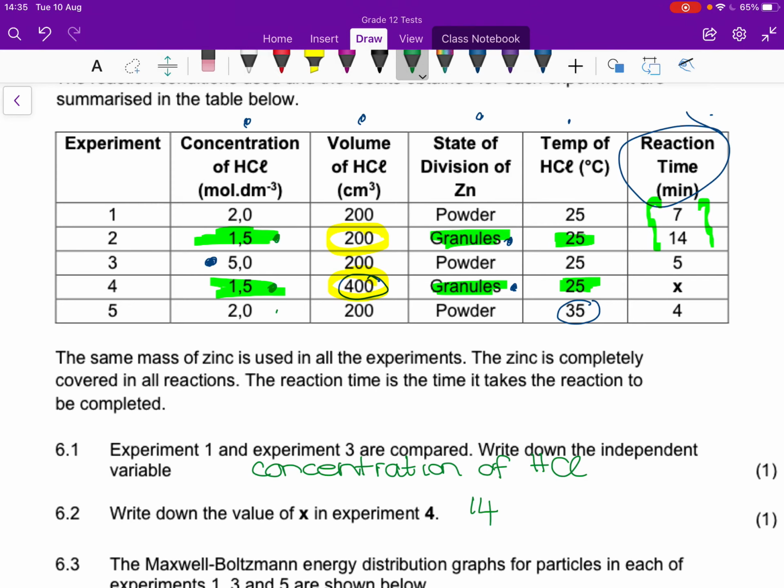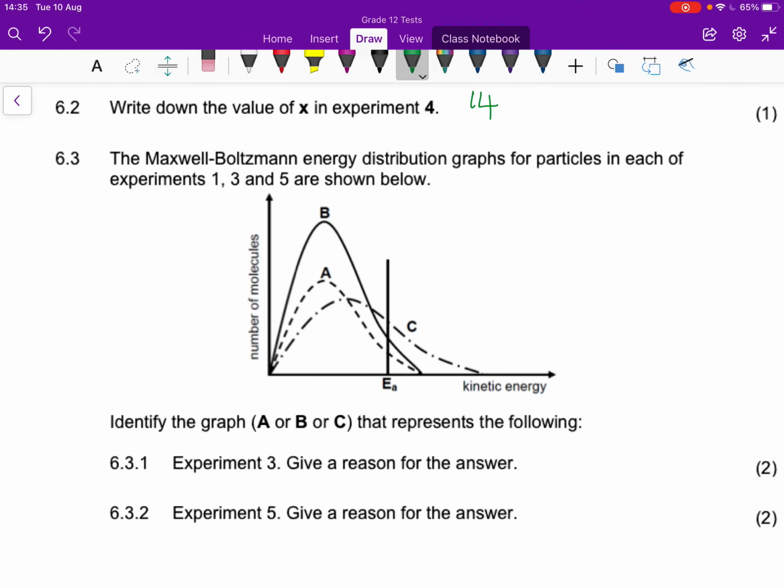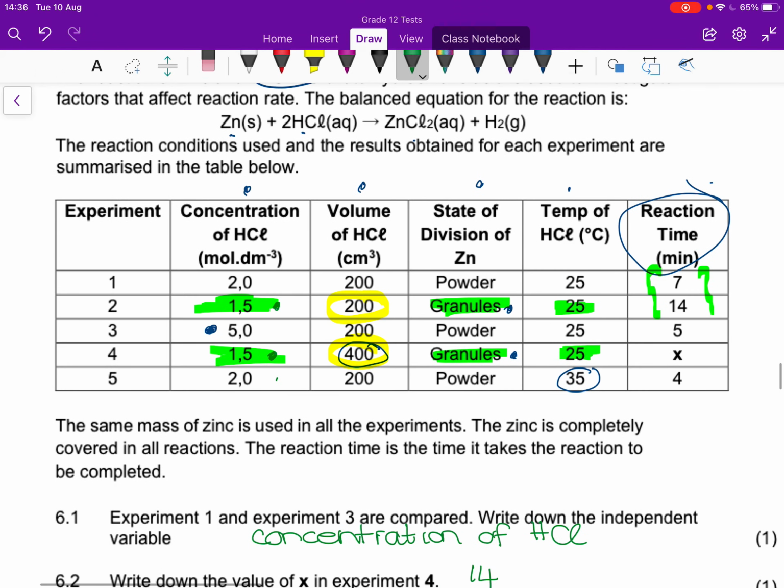Okay. Then, oh boy, now they say the Maxwell-Boltzmann energy distribution curves for the particles in each experiment 1, 3, and 5 are shown below. Identify A, B, or C that represents the following. First one is experiment 3. If I look at experiment 3, the big difference in experiment 3 is that the concentration was very big. Concentration means I have lots and lots of particles.